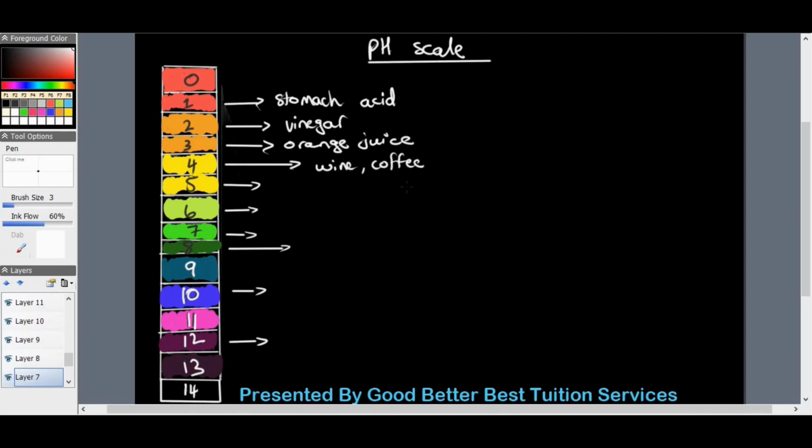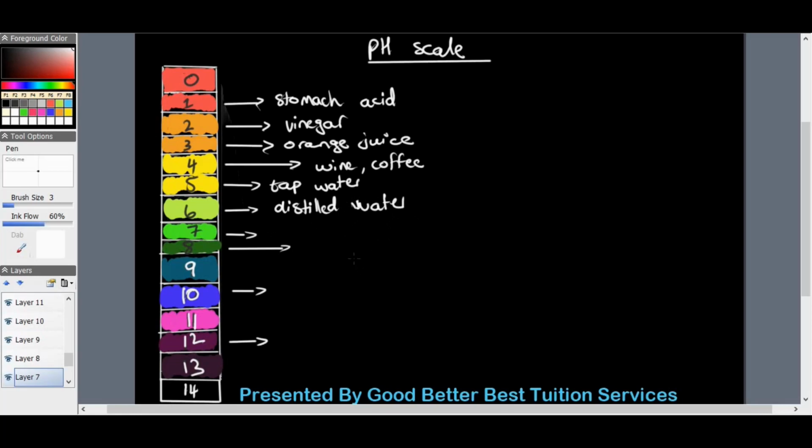Believe it or not, coffee is quite acidic. Number 5 would be your tap water. And number 6 would be your distilled water, so distilled of all those chemicals. Some textbooks say otherwise, but it's usually between 6 and 7. We'll just go with what we know here.